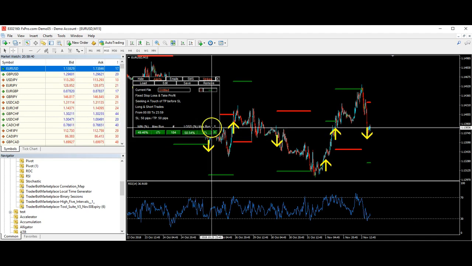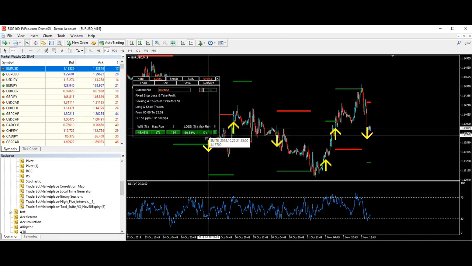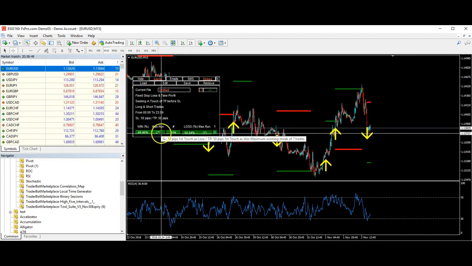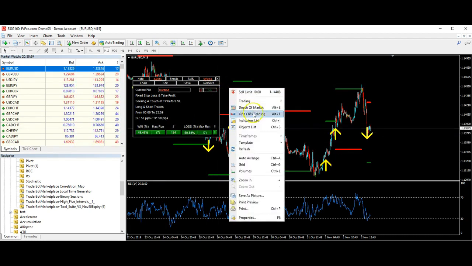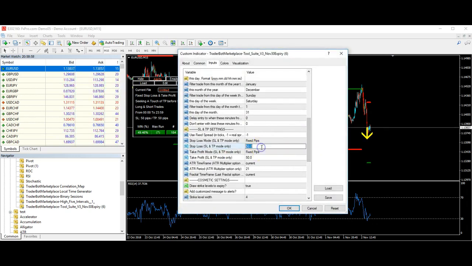Now, why is this number useful? The number 7, or how many times it's lost or won in a row? Well, I'm not as concerned about the win rate as I am about the loss rate, because some strategies, for instance, a lot of people say, well, you have to limit your losses. So I actually heard a guy the other day say, I always set my stop loss at 35 and my take profit at 100 no matter what I'm trading, because I know that I need more of a reward than I do for a stop loss.